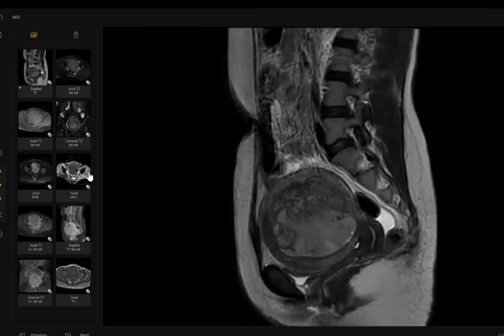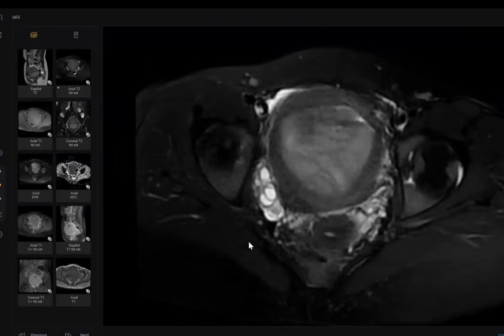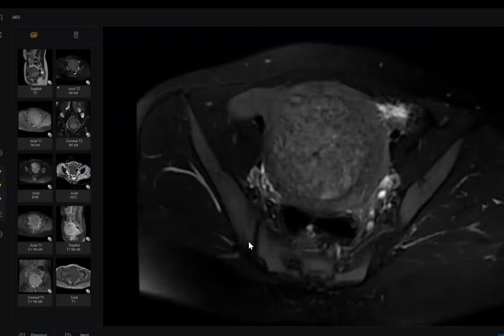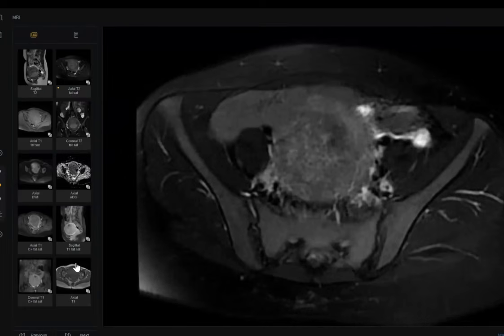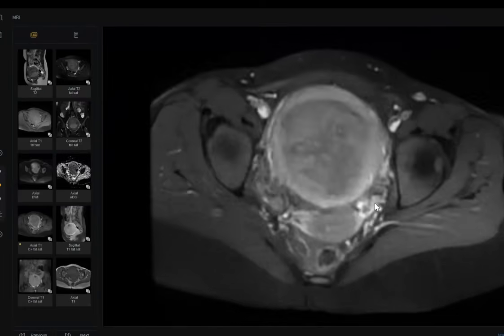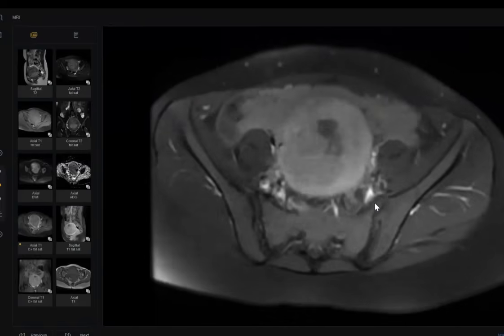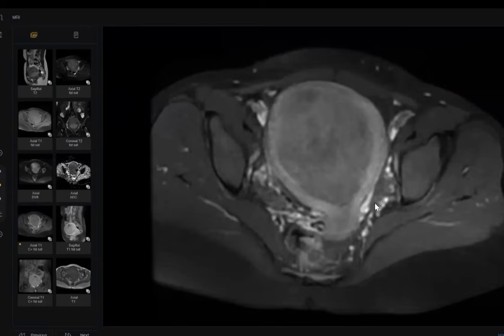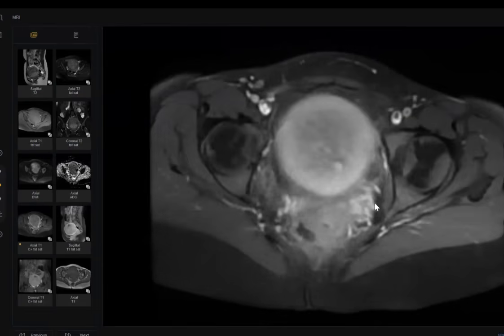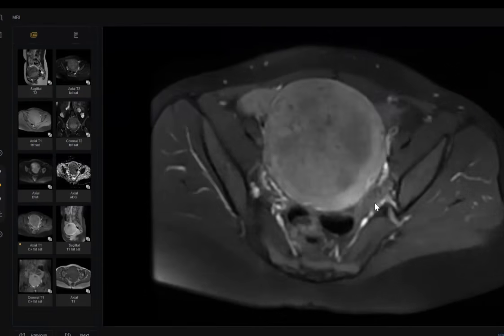So I want to see if there is contrast enhancement or a dynamic study to see if this has the same myometrial enhancement, or it looks like it has a different enhancement between it and the myometrium.